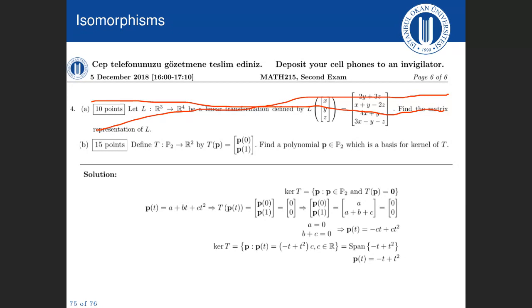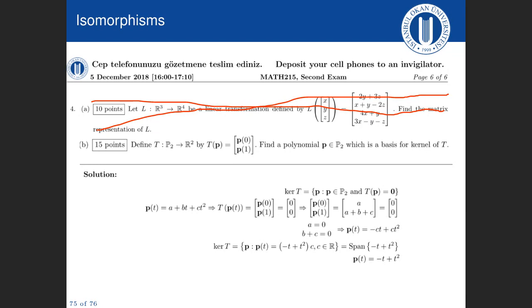Define T from P2 to R2 by T of P is equal to P of 0, P of 1. So this is evaluating the polynomials at two different points. It's evaluating P at 0 and it's evaluating P at 1 to get a vector in R2.